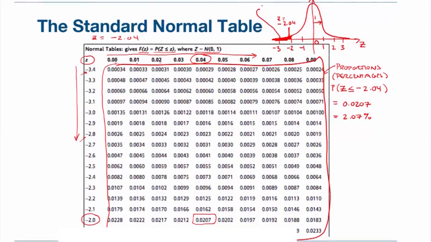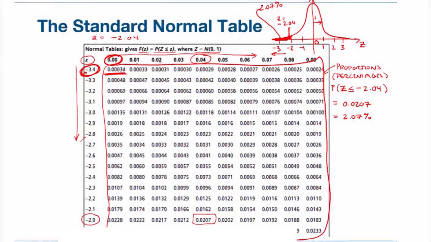So this shaded part is going to be 2.07%. And you can notice from the table that for z moving even further away from the mean, say z equals minus 3.40, the proportion is very, very small.